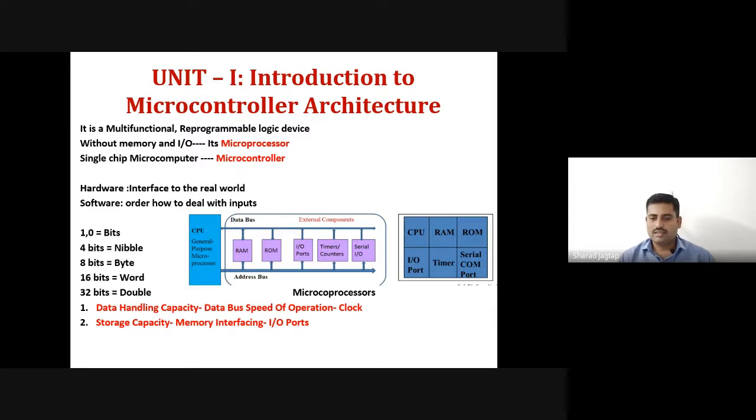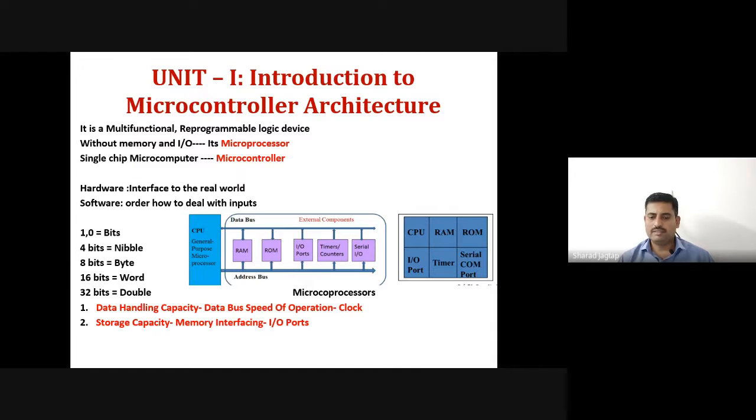In that, RAM, ROM, input output ports, timers, serial input output ports are all separate, and they are interfaced with the CPU. This happens in a microprocessor. In the second diagram, all blocks like CPU, RAM, ROM, input output ports, timers, serial COM ports are all in a single IC. This is available in a microcontroller. So all blocks are in a single chip or single IC.